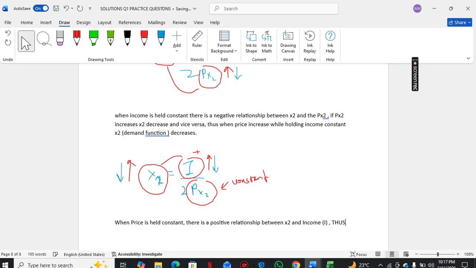Thus, if income increases, x2 increases. Therefore, the demand function increases with income.